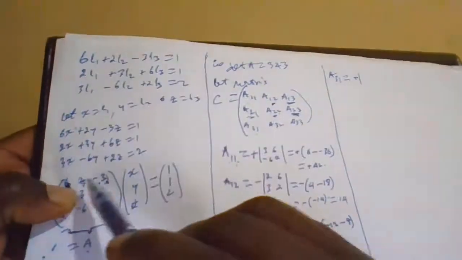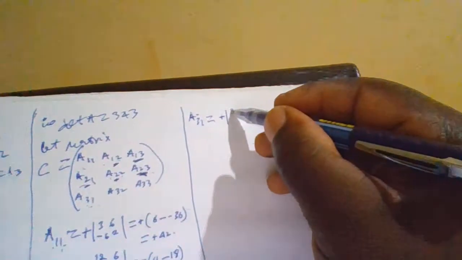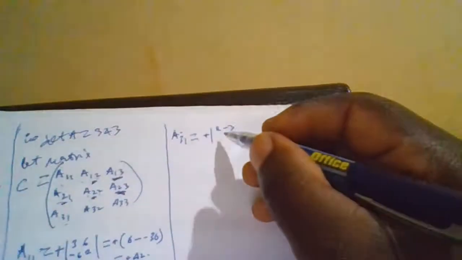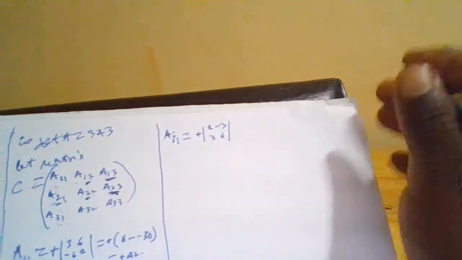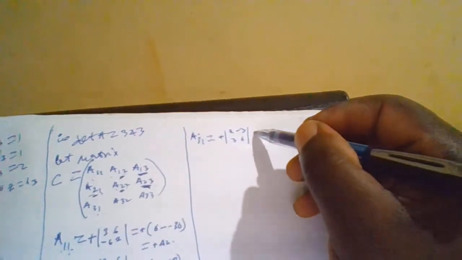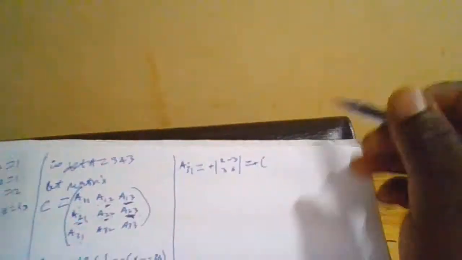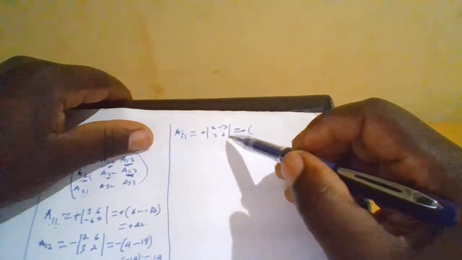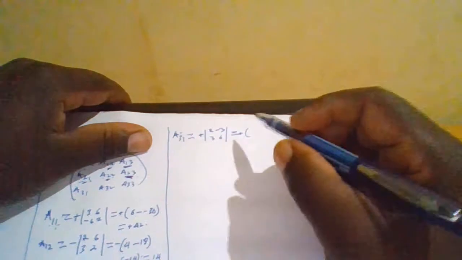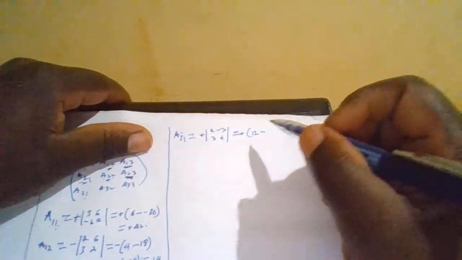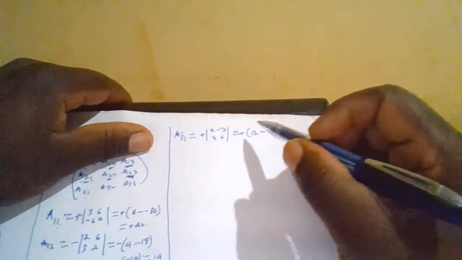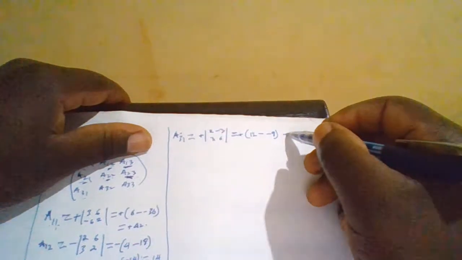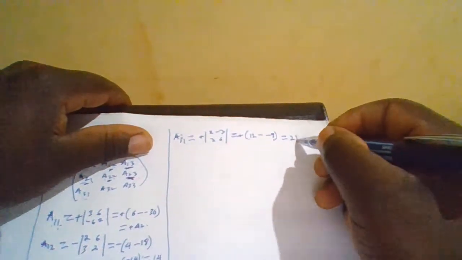So the minor will be 2, negative 3, and then we have 3, 6. So here you take 6 times 2, we have 12, minus 3 times negative 3, so we have minus 9. So this equals 21.